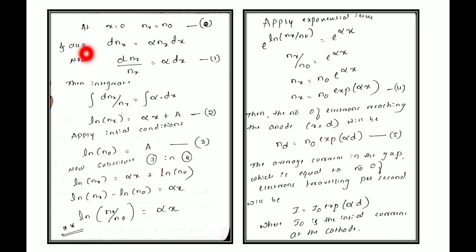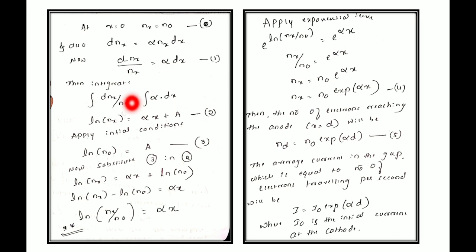Also we can write the number of electrons dnx equal to alpha nx into dx. From the RHS we have alpha nx into dx, and the LHS is dnx. Taking the ratio, dnx divided by nx is equal to alpha into dx.